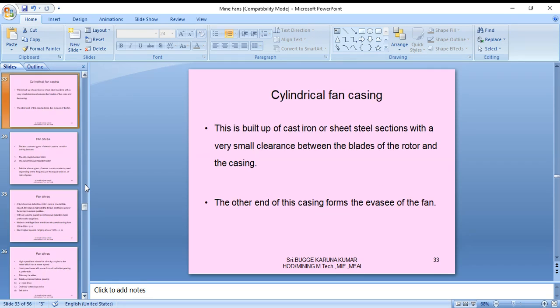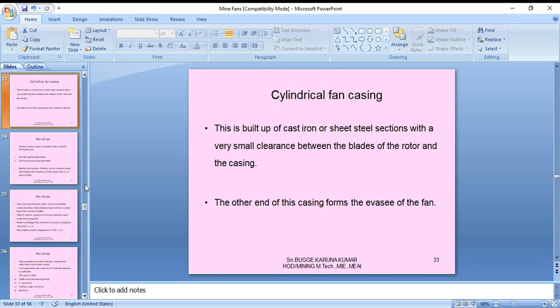So the cylindrical fan casing. This is built up of cast iron or sheet steel section with a very small clearance between the blades of the rotor and the casing. The other end of this casing forms the evasee of the fan.